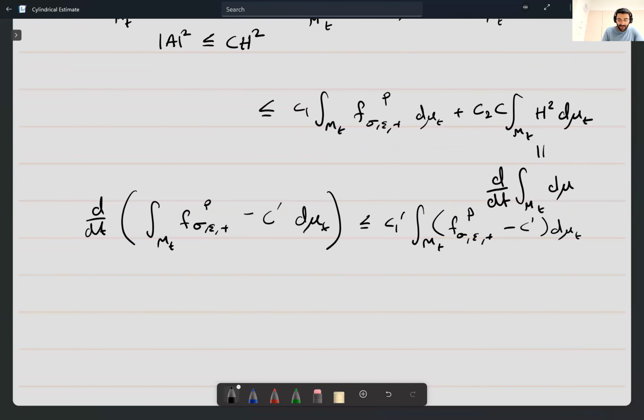So I know that this quantity minus C dash is less than or equal to e to the kt times some constant c, times this same integral at time 0.